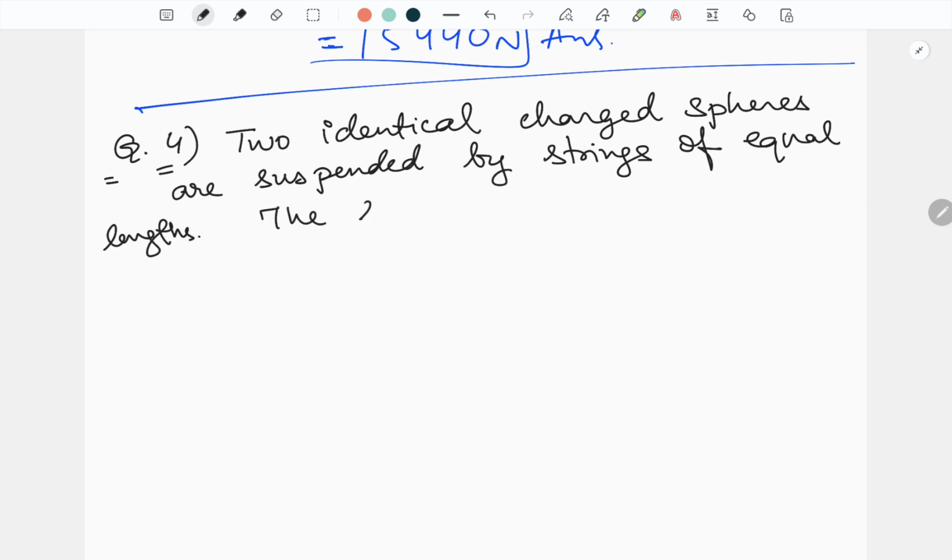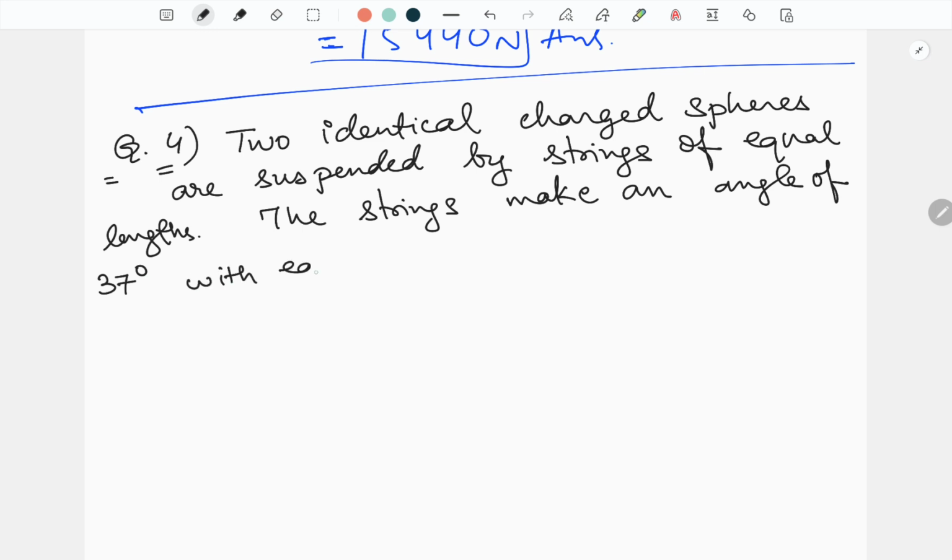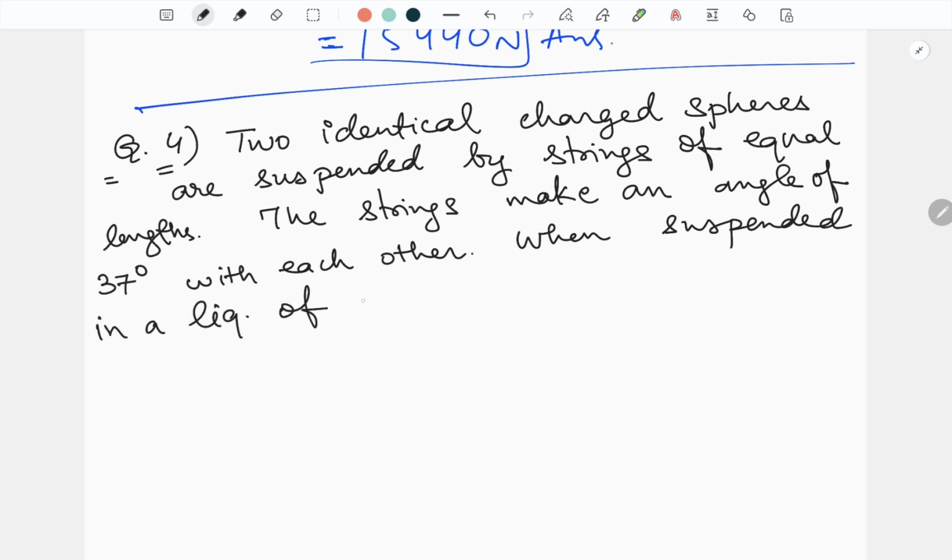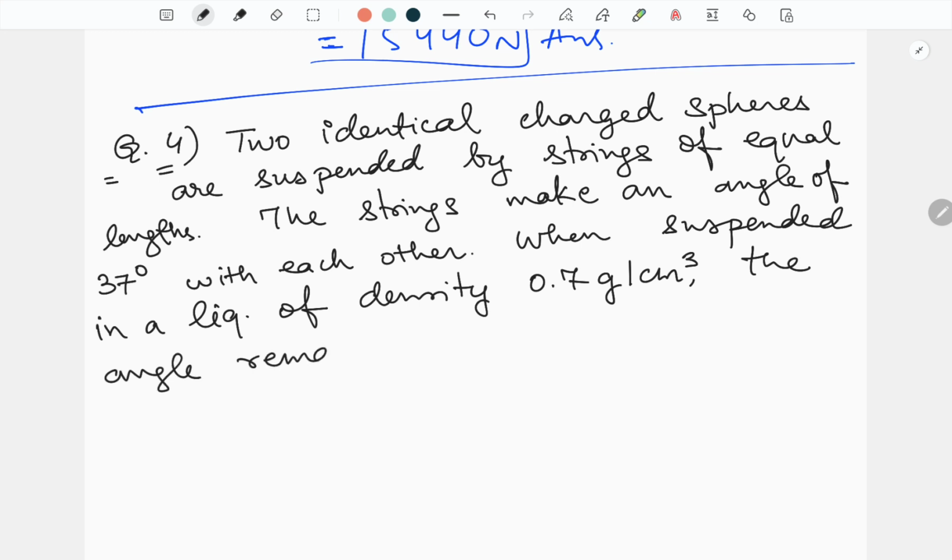The strings make an angle of 37 degree with each other when suspended in a liquid of density 0.3 gram per centimeter cube. The angle remains the same.